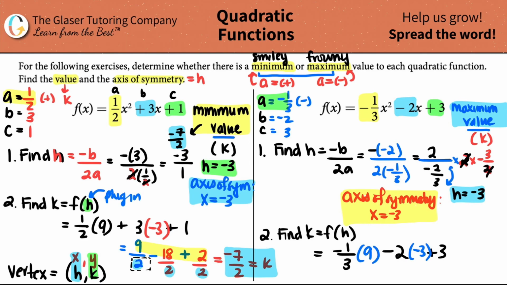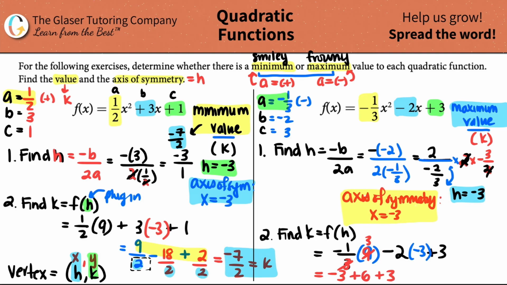And now we can simplify. Let's see. I have a 3 in the denominator. I have a 9 on the top. I can cancel that 3 out because I know that 3 times 3 is a 9. So now, negative 1 times 3 is equal to a negative 3. Negative 2 times negative 3 is a positive 6 plus 3.